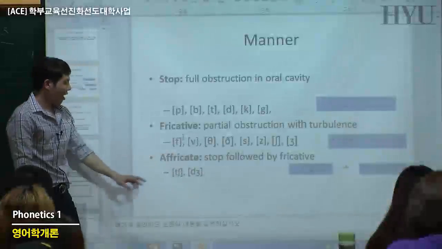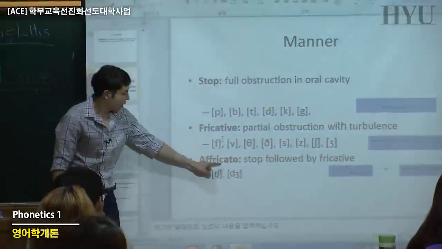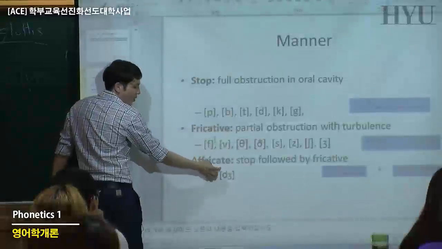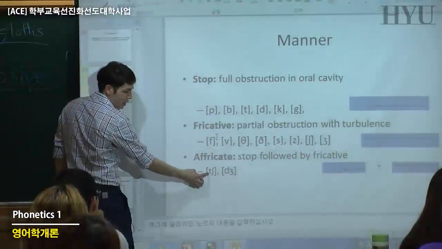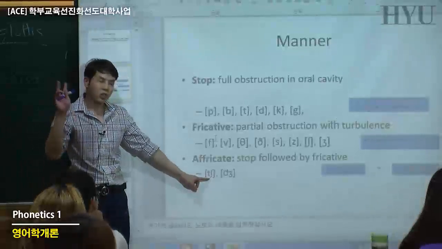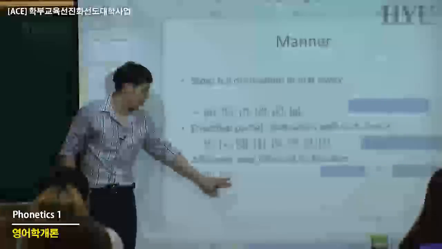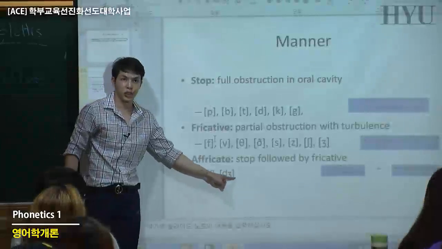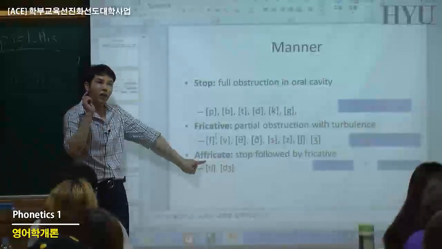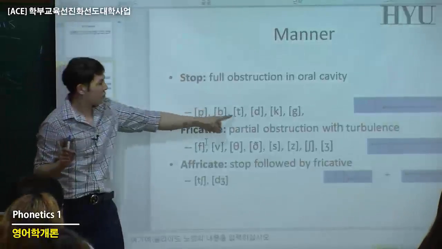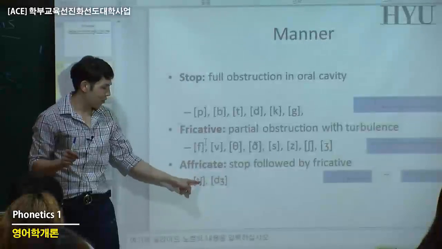And then we also have affricate. You can see fricate from fricative, right? It is a combination of a stop and a fricative. We have only two, T with a hook and D with a three, ch and j. We call them affricate because it's a combination of a stop, like T, plus the fricative.